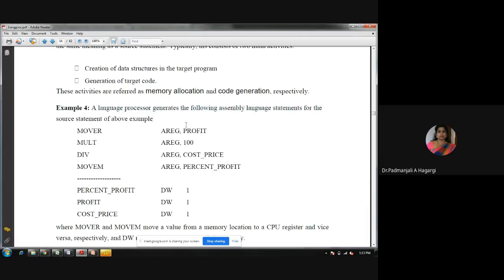Move the profit into the AREG register, multiply this AREG with 100, divide by the cost price, and move the computed value into the percentage profit. This is how it is stored in memory: percentage profit with data word of 1, and profit. This is the declaration, as I have shown using the C language.